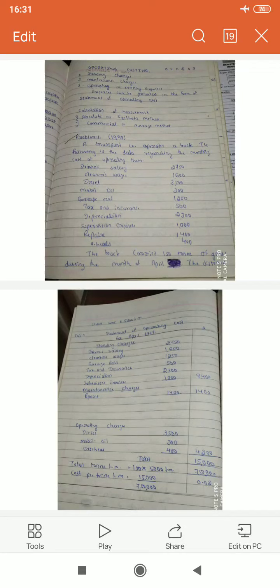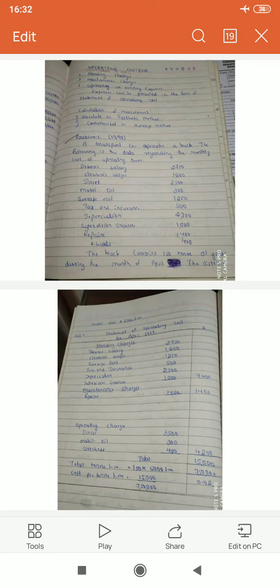Therefore, diesel can be categorized under the head running charge or operating charge. In the solution to this problem, it is referred to as operating charge. Therefore, diesel is rupees 3,500 per month.